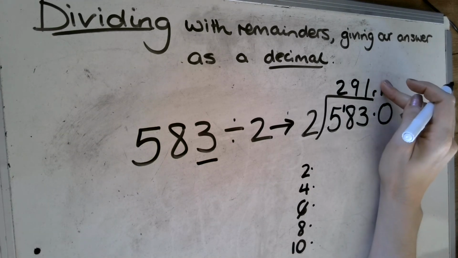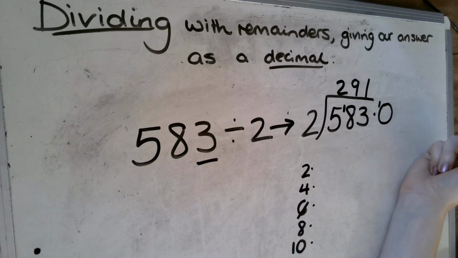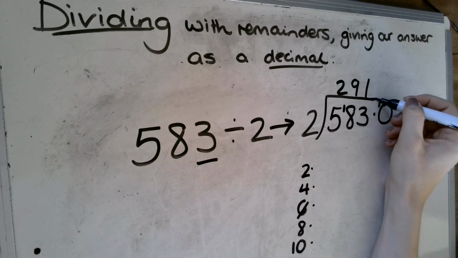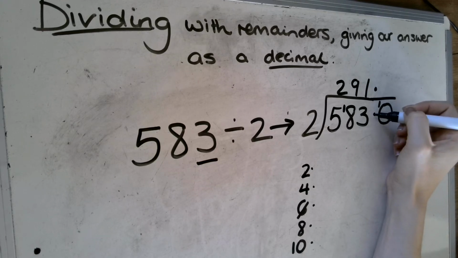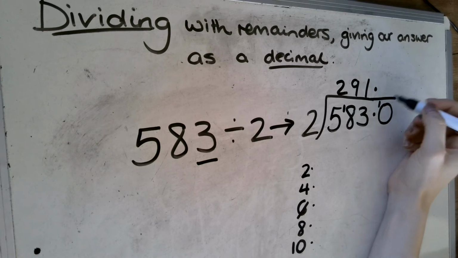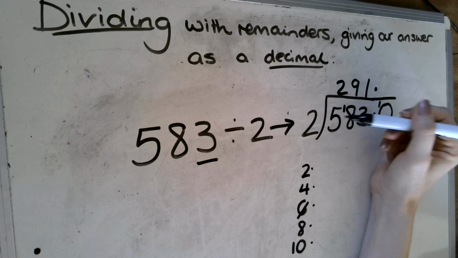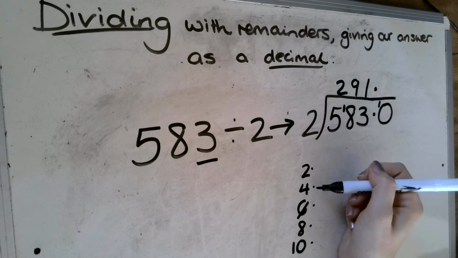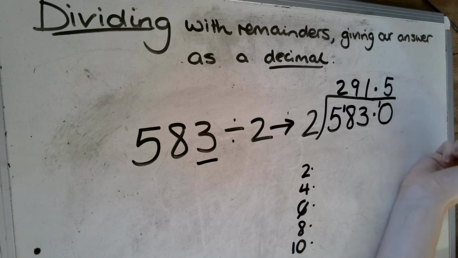So I'm going to take this remainder 1 and I'm going to put it in front of the 0. I'm just going to extend my bus stop slightly, and I'm going to draw a decimal point in line with the decimal point I have in my answer down here. So now I'm going to divide 10 by 2, and I know that 2 times 5 is 10, and there is my answer as a decimal.